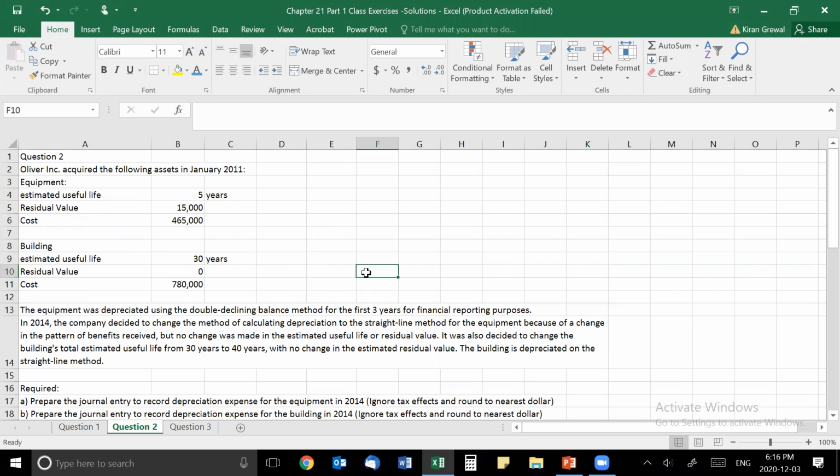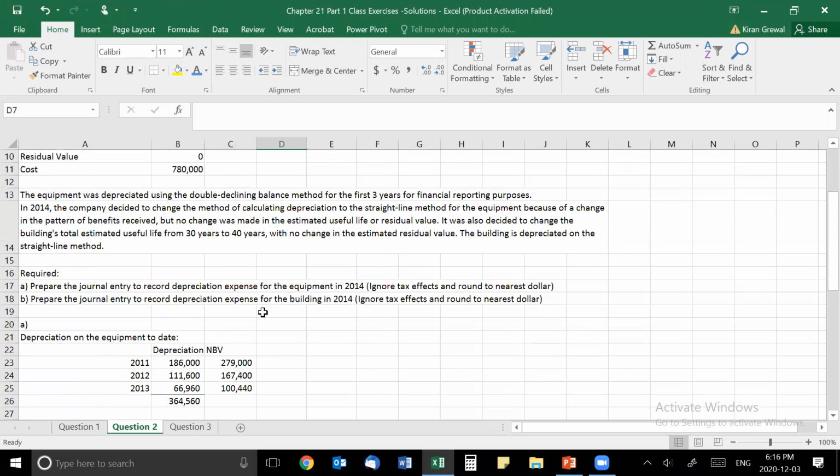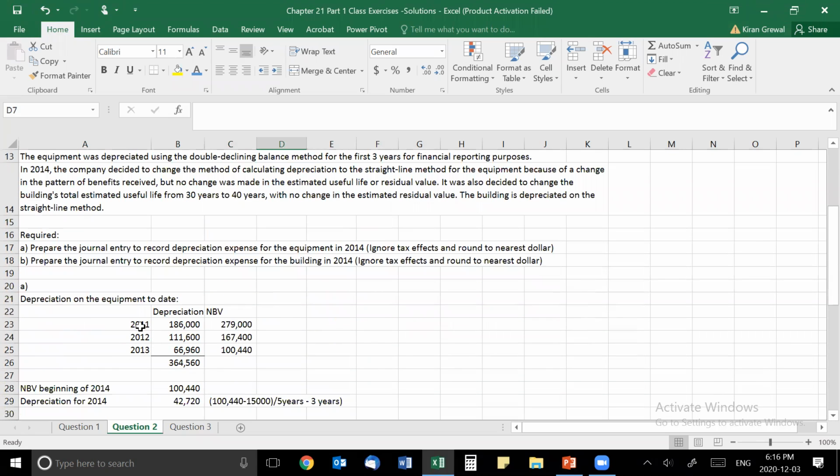Okay, so what you want to do first is calculate how much depreciation was taken thus far, and calculate the net book value at the beginning of the 4th year to figure out how to change this. You can do a little chart of what your depreciation was and what your net book value was.